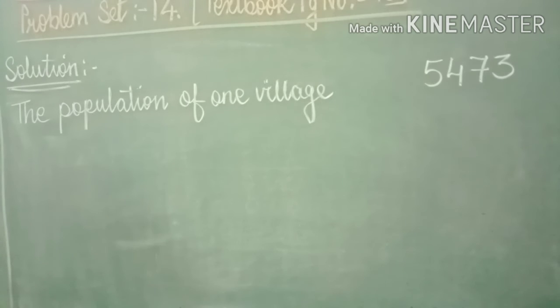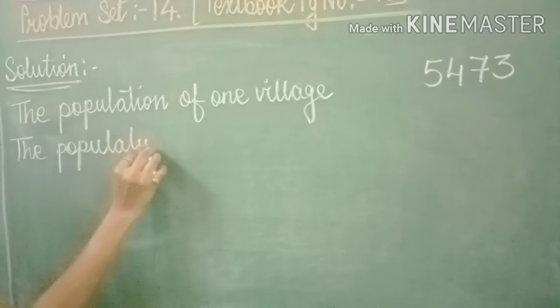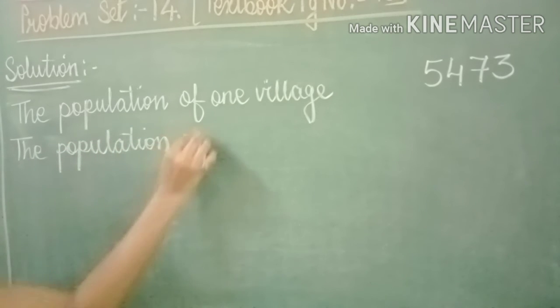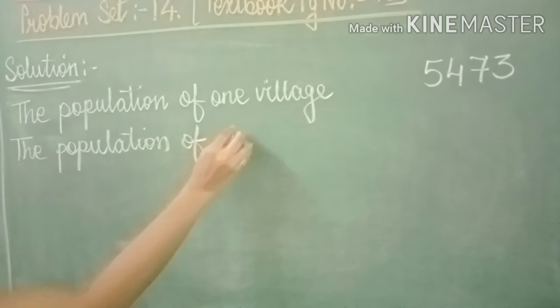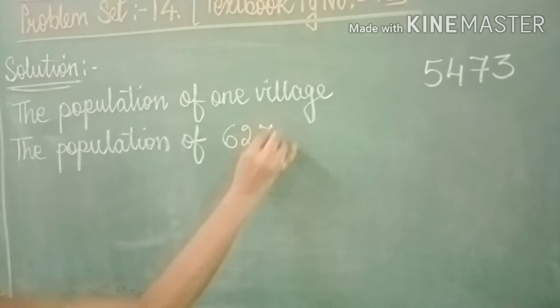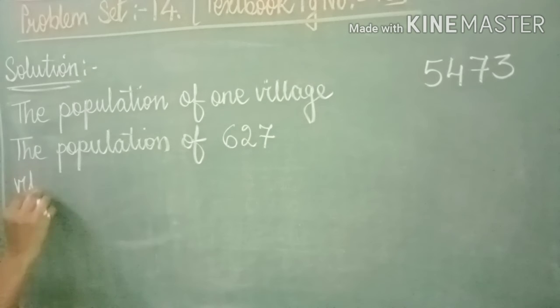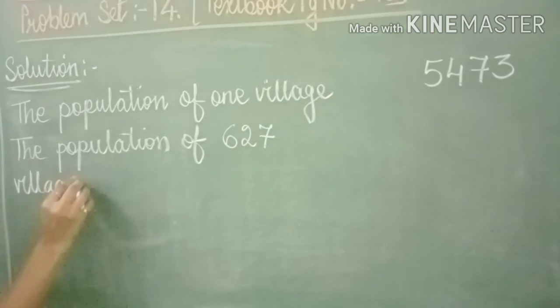Now we have to find the total population of 627 villages.